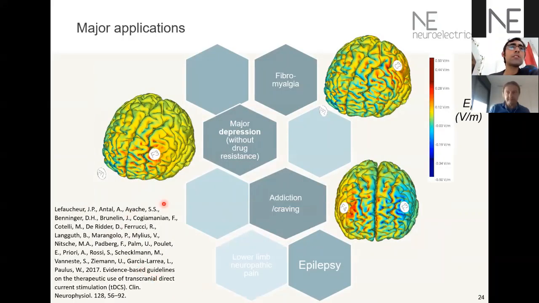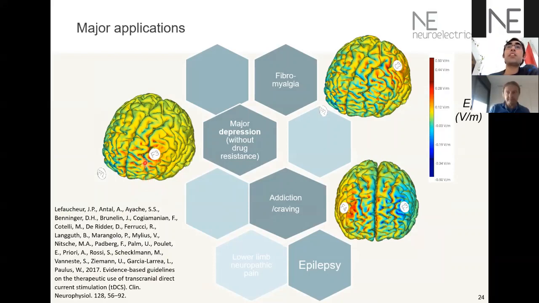So in 2017, Lefaucheur and colleagues did a review of all the papers that had potential applications for, in this case, TDCS. And they came out with a list of the applications for which there was stronger evidence for a possible effect of stimulation.